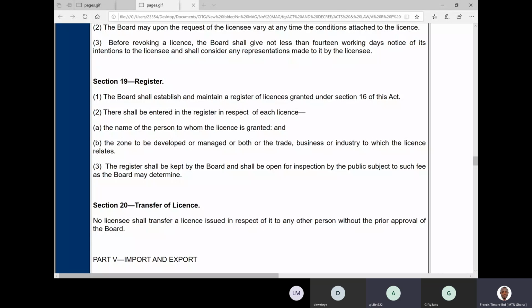Is it 22 years? 25 years. Wow. So we want to see what we have benefited and how much we have lost in terms of tax incentives that we have given away. Then we do a report.